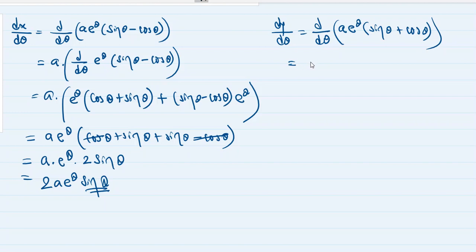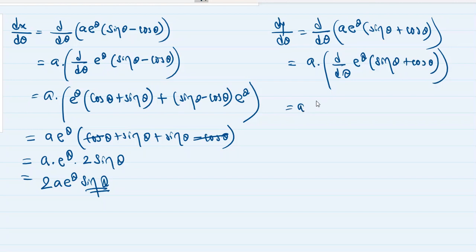dy by d theta is a bracket d by d theta of e raised to theta bracket sine theta plus cos theta.